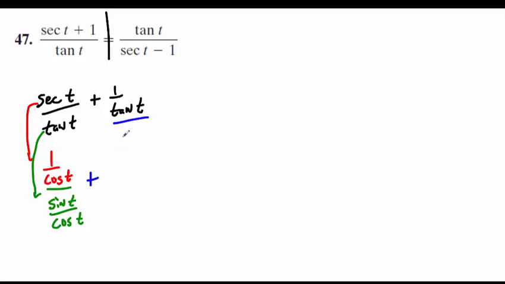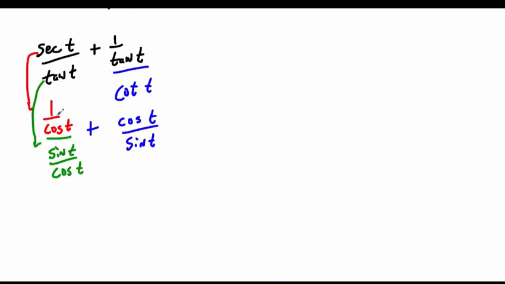We know 1 over tangent is identical to cotangent of t, and cotangent, changing into terms of sine and cosine, is the same as cosine of t over sine of t. So what does this give me on this side? Well, I just want to point out one thing.